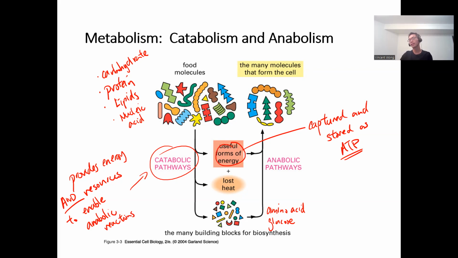Not only does it provide the energy to do so, it also provides the raw material, the building blocks that are necessary to build whatever you need. Any questions about this concept of catabolism and anabolism, how they're related, for example?